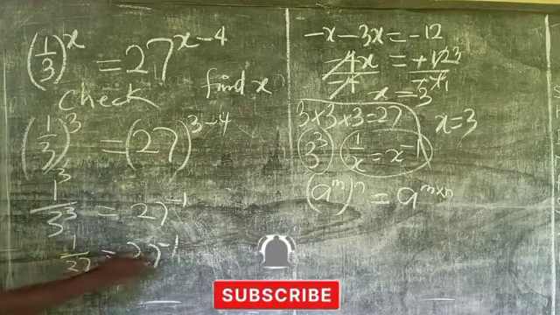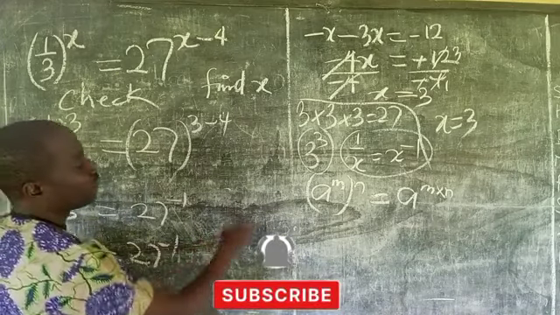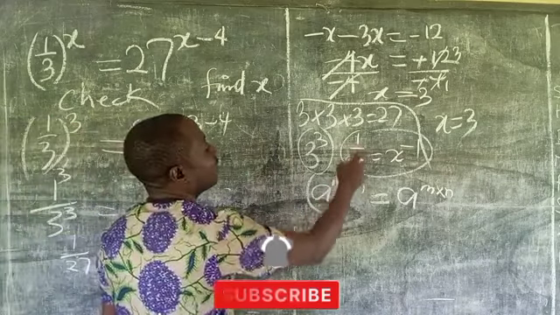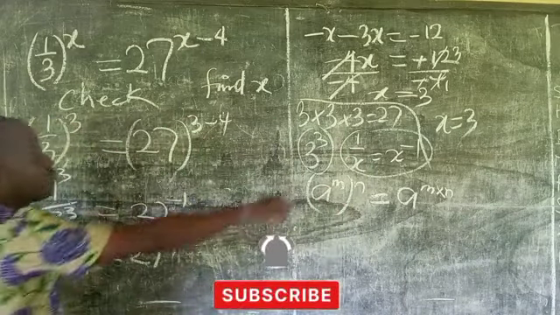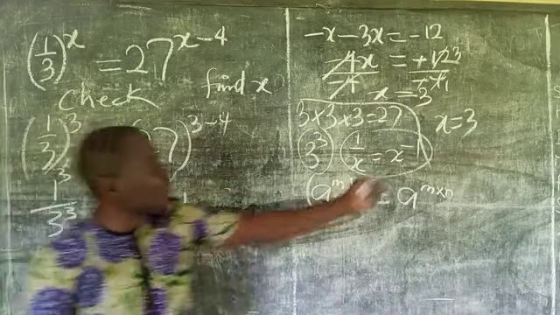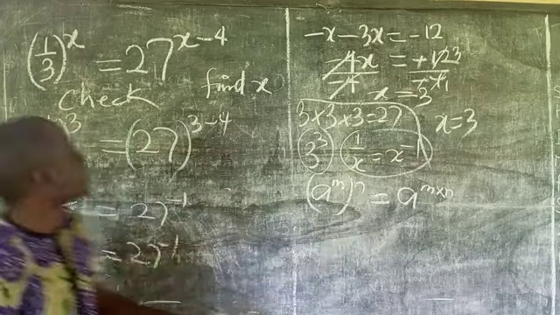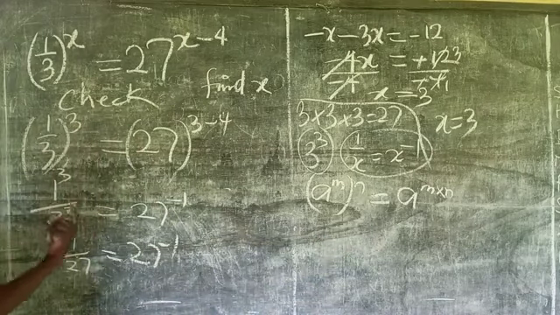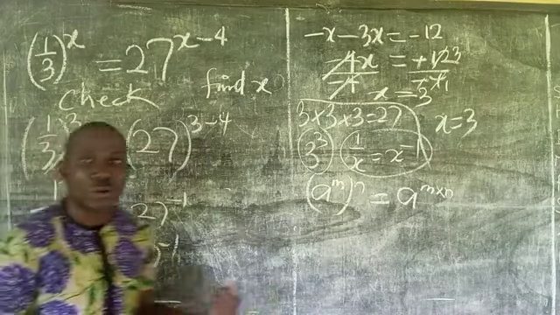And this, of course, is the same thing as this. We have seen that before: the reciprocal becomes the power. So satisfactorily, we have seen that the value of x as 3 satisfies the equation, because the left hand side is exactly equal to the right hand side.